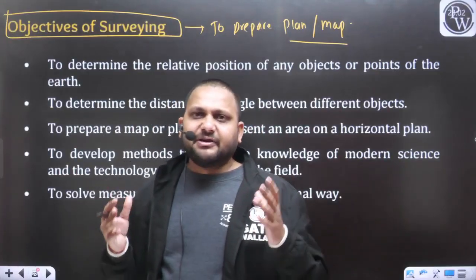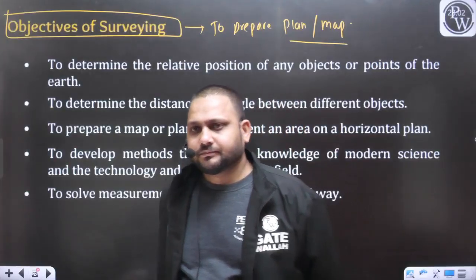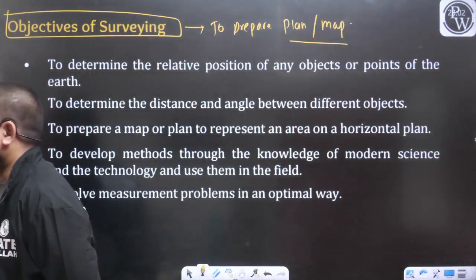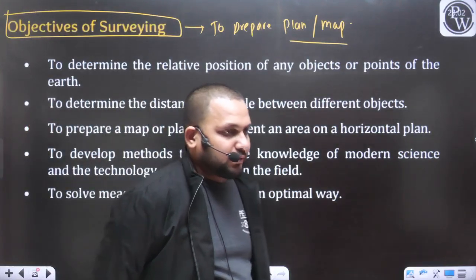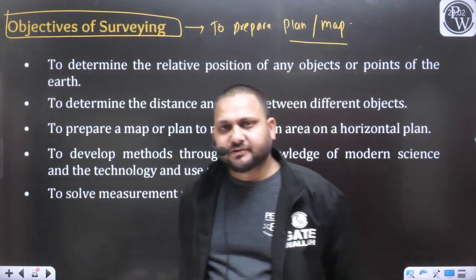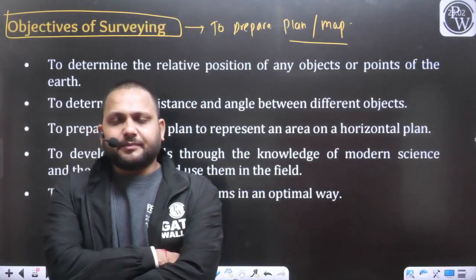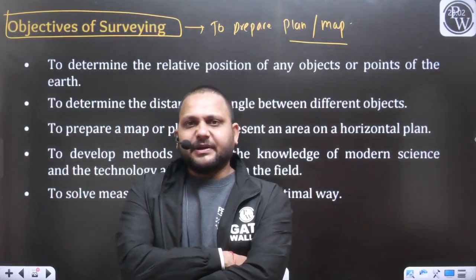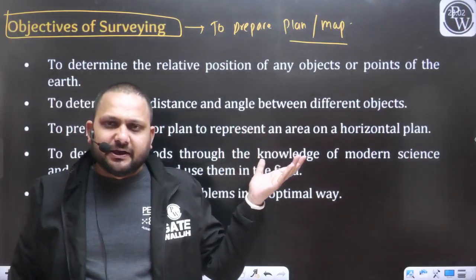And if you have the plan or map, then you can go for further planning. Based on that plan or map, you can plan your construction projects, calculate the quantities, perform some estimations, and perform some measurements. Like in the first class, you calculated the area.